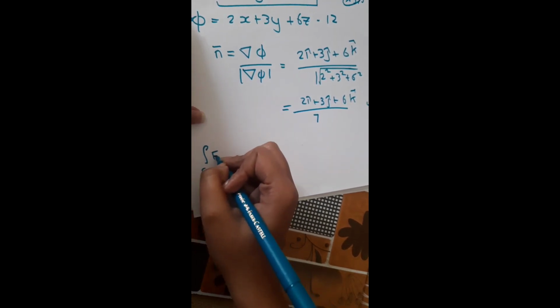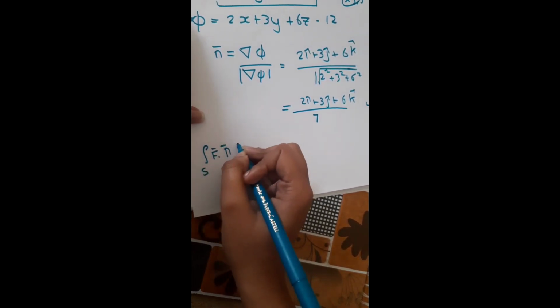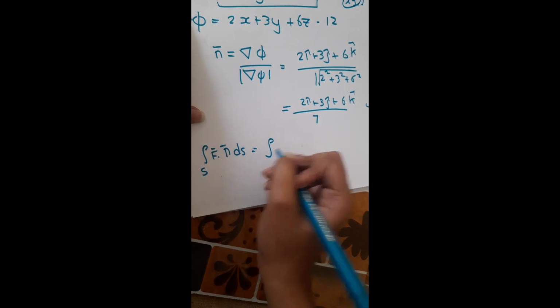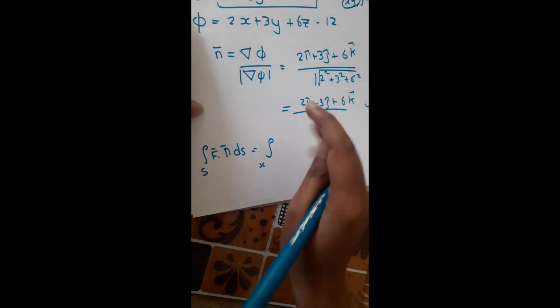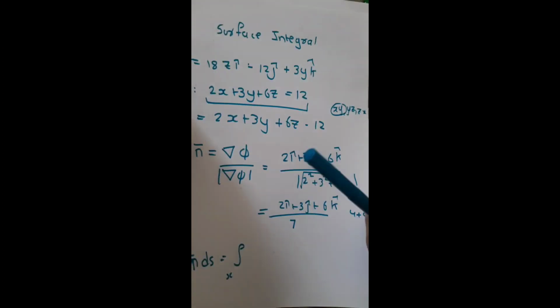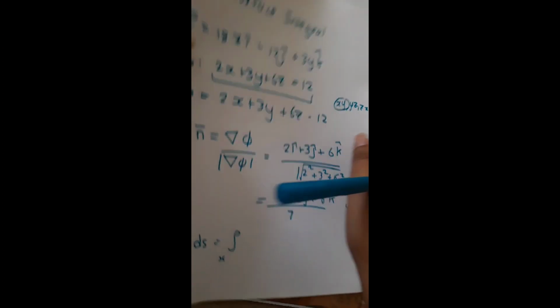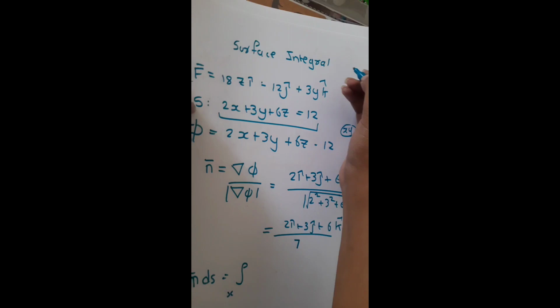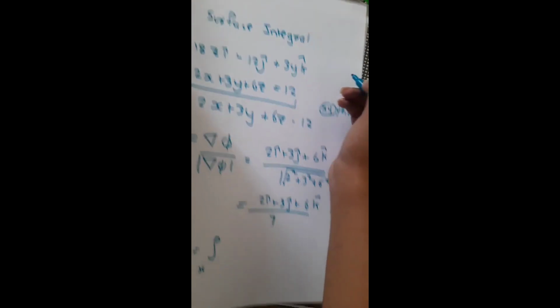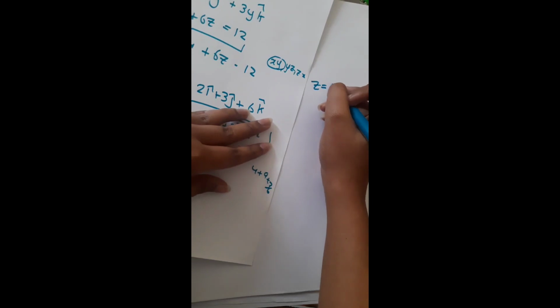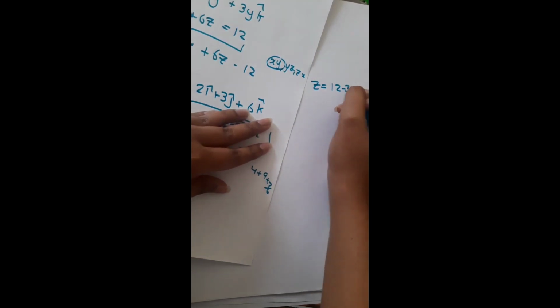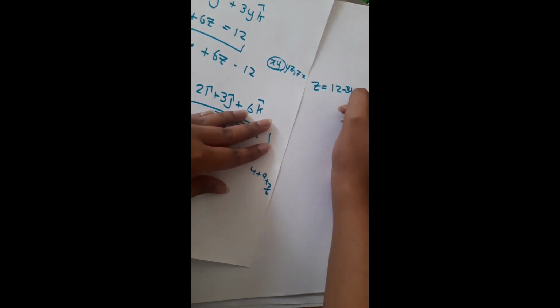The integration of F dot n dS, where x is going from... The first important thing is how we'll be finding the limits. For the limits, first I'll write this with respect to z. I'll write z equals 12 minus 3y minus 2x upon 6.